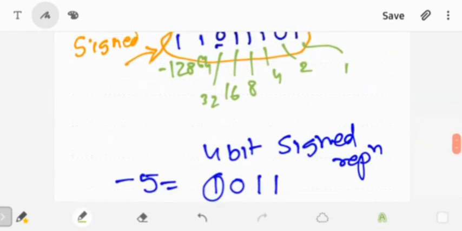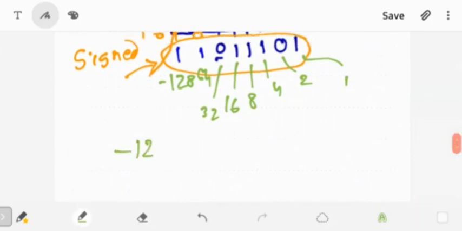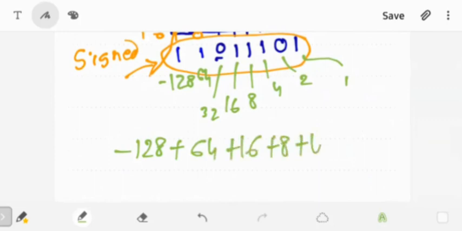Let's write it, which bits exist, you see? -128 plus 64, 32 not there, plus 16 plus 8 plus 4 plus 1. What is the answer? Find out.